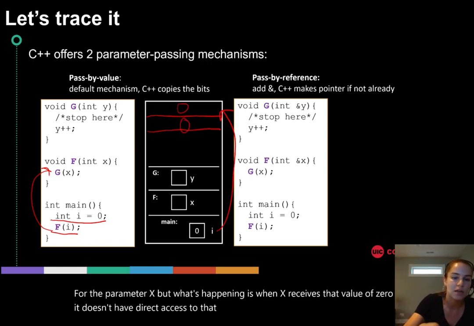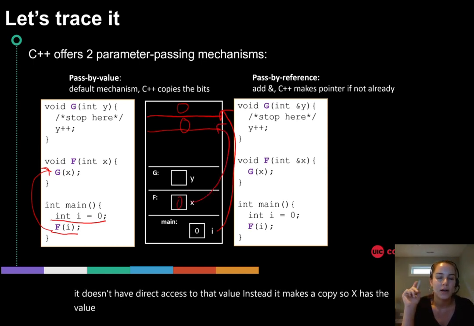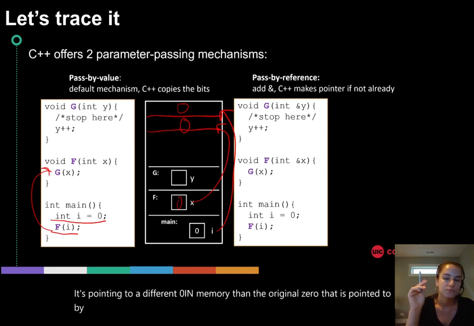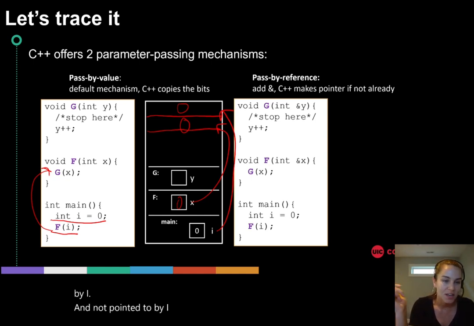Instead it makes a copy. So x has the value of 0, but it's pointing to a different 0 in memory than the original 0 that is pointed to by i. Not pointed to by i literally, but figuratively.